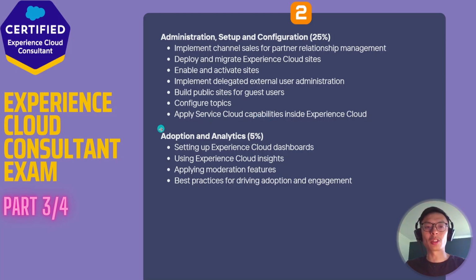We'll also spend some time going over adoption and analytics, which will cover how to set up Experience Cloud dashboards, how to use Experience Cloud Insights, how to apply moderation features, and covering the best practices for driving adoption and engagement.